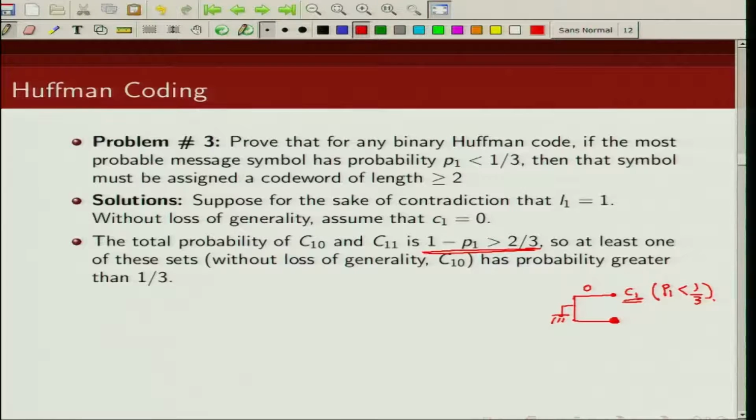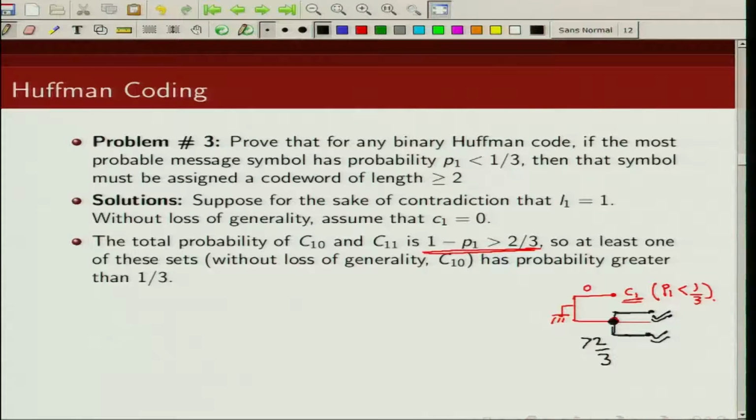And how was this node formed? This node must have been formed by combining some other nodes. So if this has probability greater than 2 by 3, and there are 2 nodes or leaves which are merging here, then at least one of them must have probability greater than 1 by 3, right?